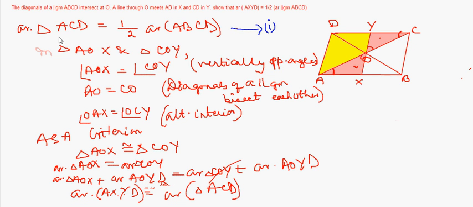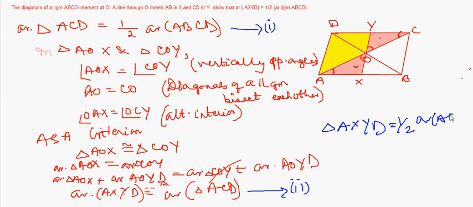Triangle ACD was half of ABCD. Now triangle ACD is equal to area AXYD. From these two equations we can say that area of AXYD is half of area ABCD. This one we were supposed to prove.